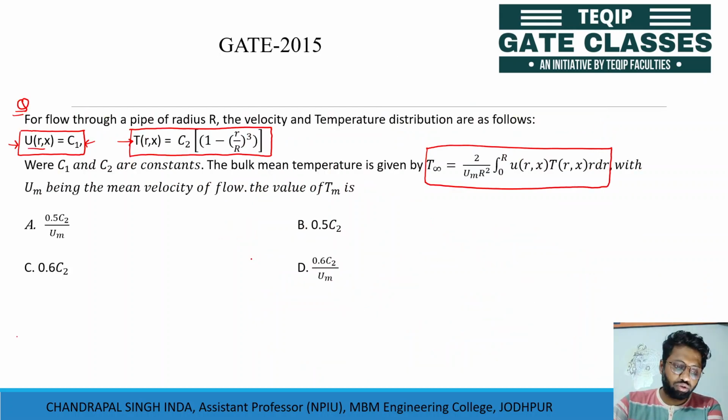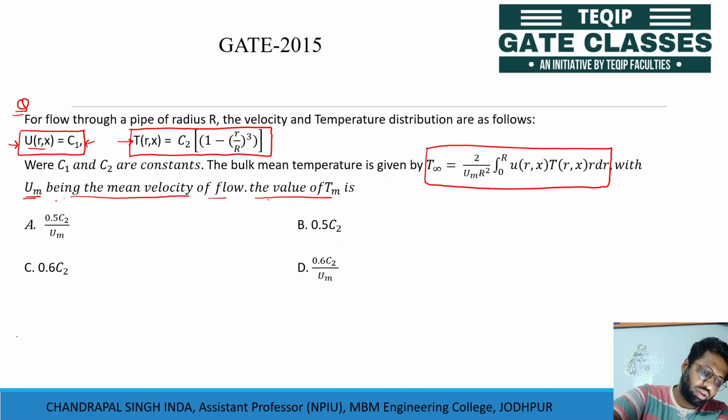Similarly, we have to solve this by putting these values in this equation, where um is the mean velocity of the flow. Sorry, this is not T infinite, this is Tm.